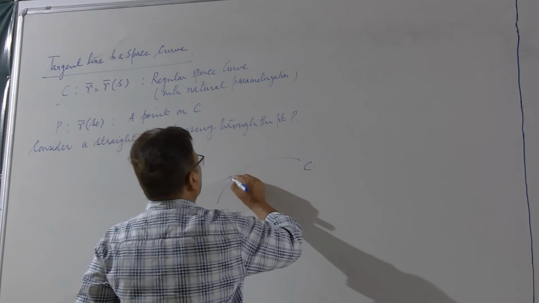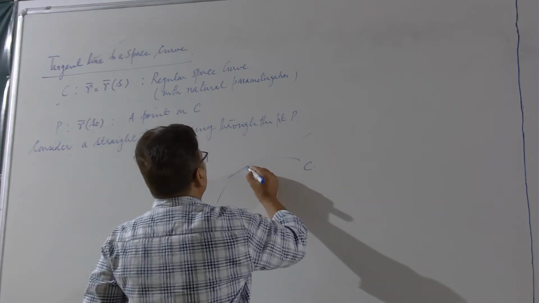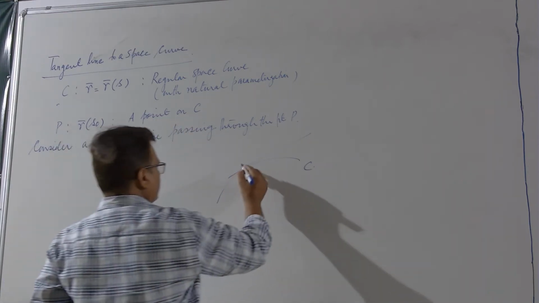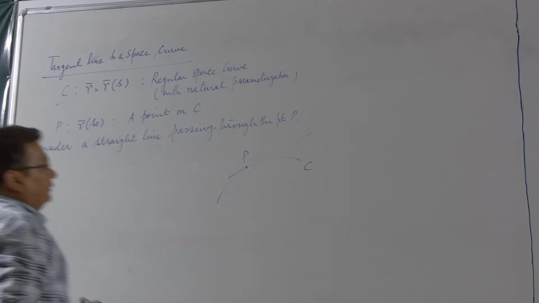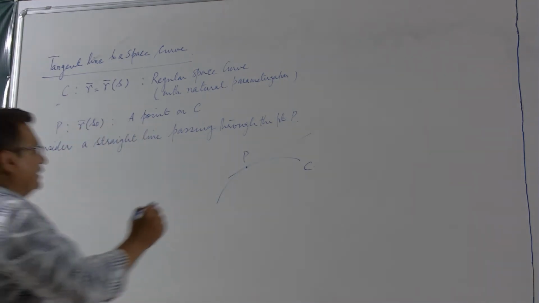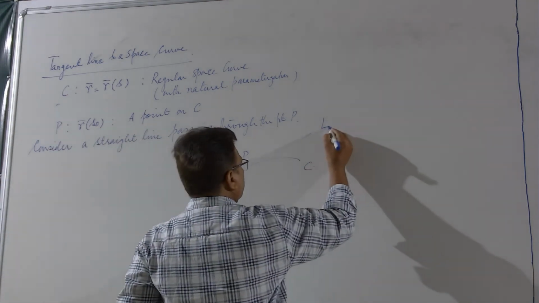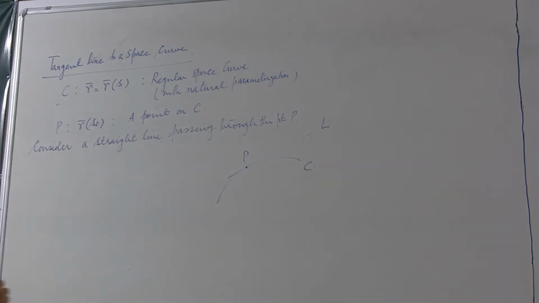This is some line which also passes through the point P. Let me call this line L.